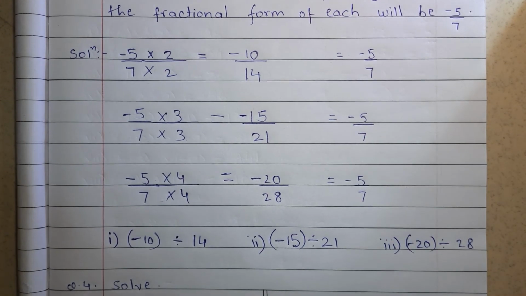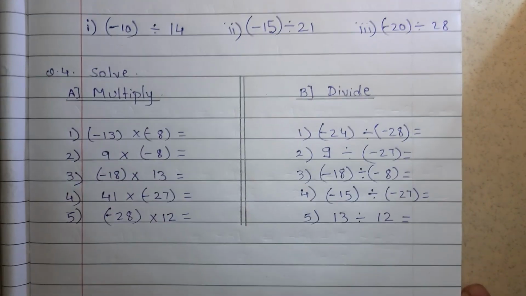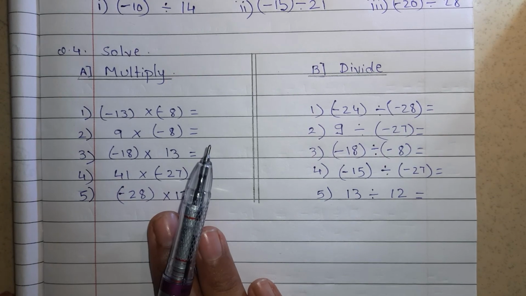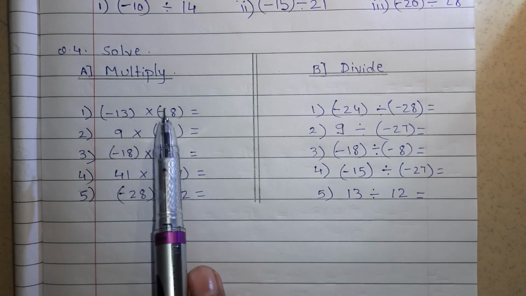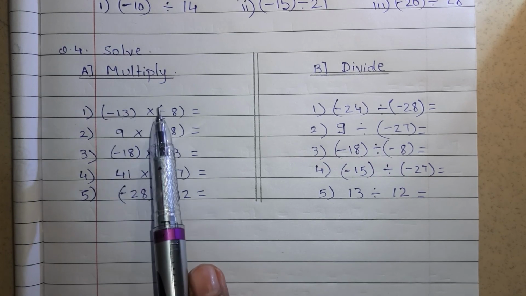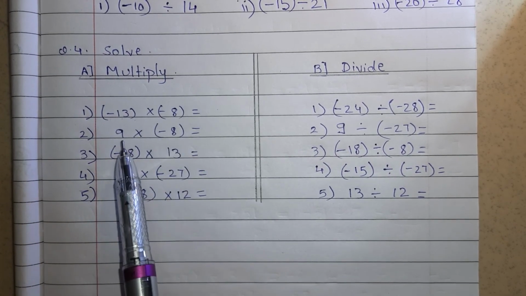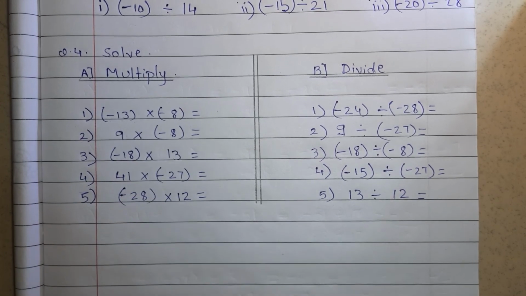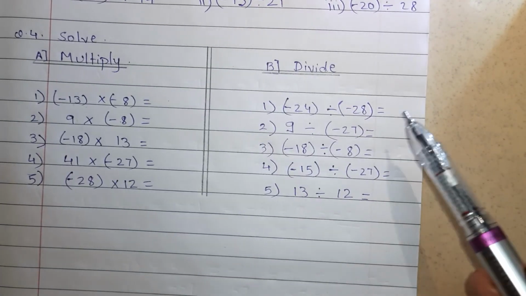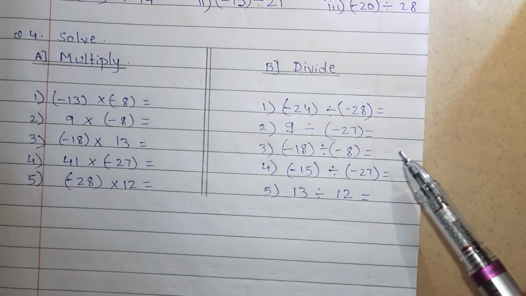Okay. Now question number 4 is your homework. Here you have to do multiplication. Multiplication is easy. Do normal multiplication. If both are negative, the answer will be positive, and if one is positive and one negative, then the answer will be negative. And division, how to do it? First write it in fraction form.